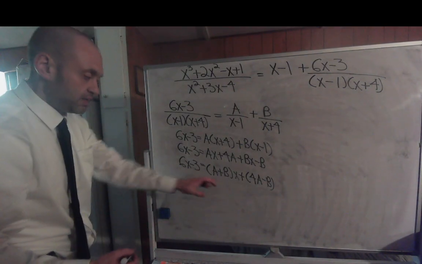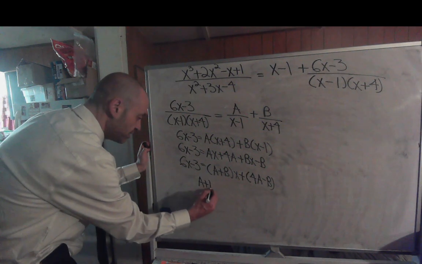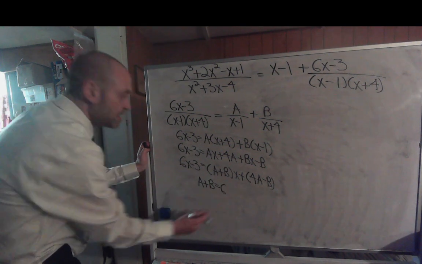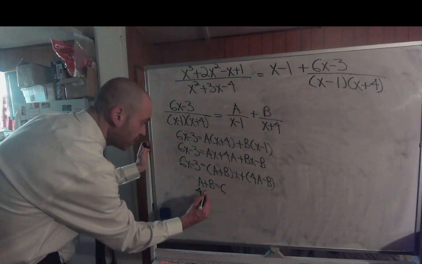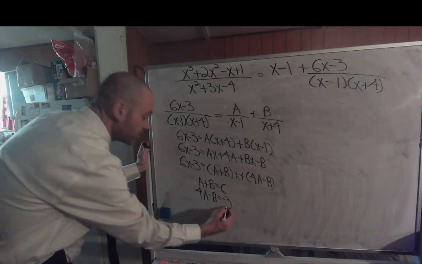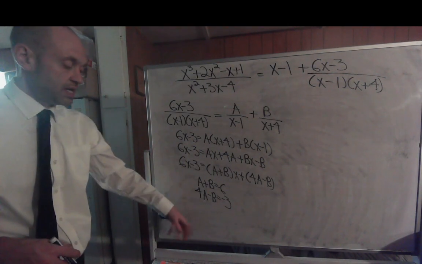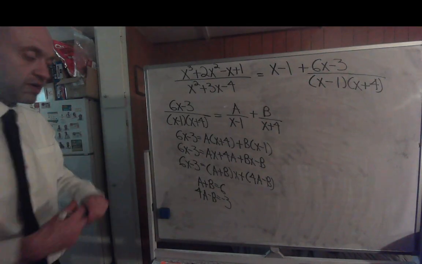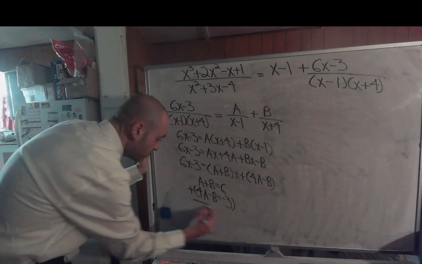Well, a plus b is my coefficient on the x to the first term, so a plus b would equal 6. 4a minus b is my constant term, so that means 4a minus b equals negative 3. So I can just add these two equations together and I can eliminate the b term temporarily. So what does that mean?